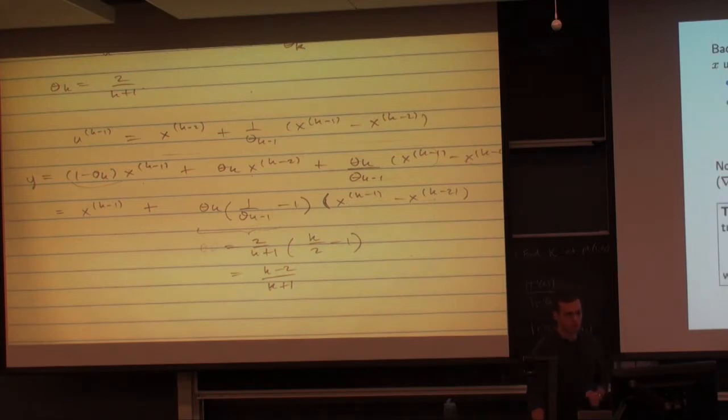We fix some parameter beta less than 1, and we fix some initial step size t0, just like in regular backtracking. Then at each iteration of the algorithm, we replace the x update, which is the computation of x plus in my notation, with the following. We start with the step size equal to what it was at the last iteration.